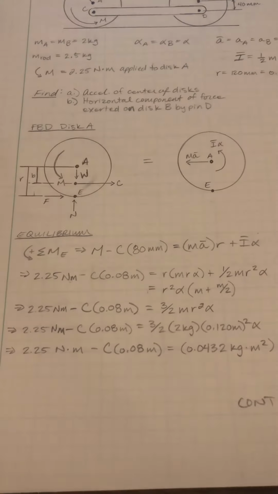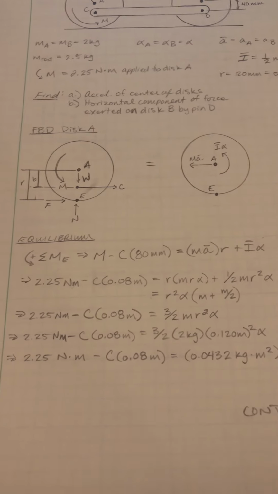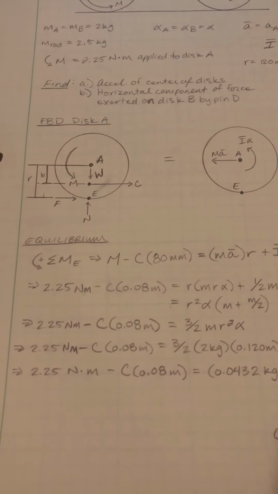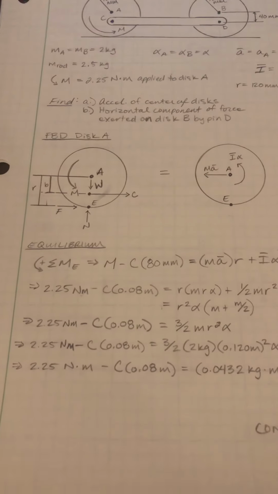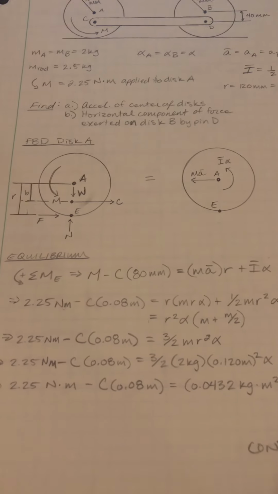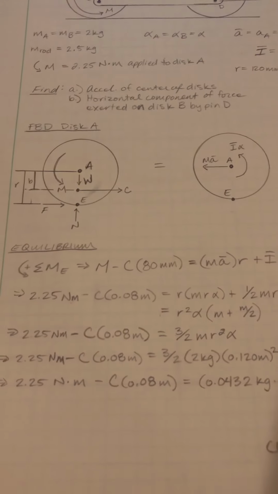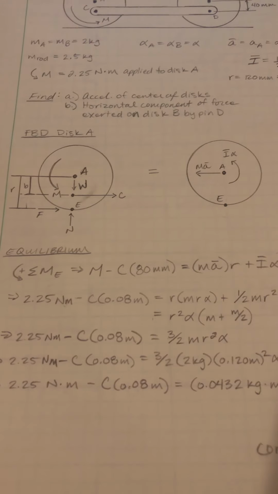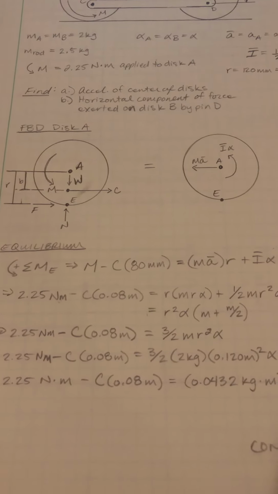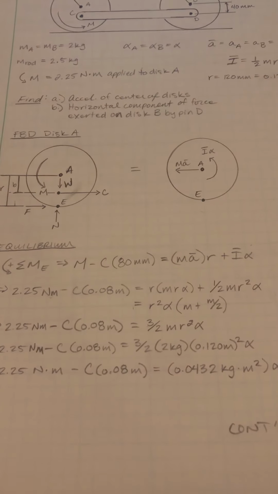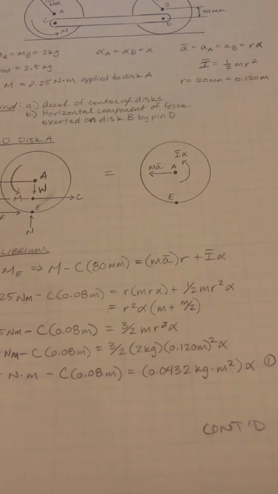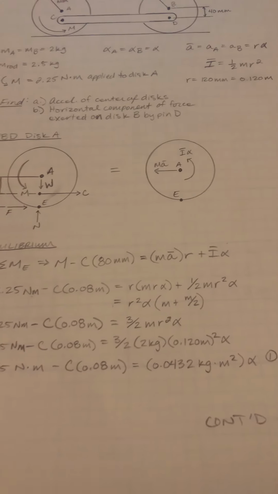Summing the moments at point E, which is our contact point for disc A, we have the moment minus the pin force C multiplied by the distance of 80 millimeters, or 0.08 meters, is equal to mass times acceleration times r plus moment of inertia times alpha.